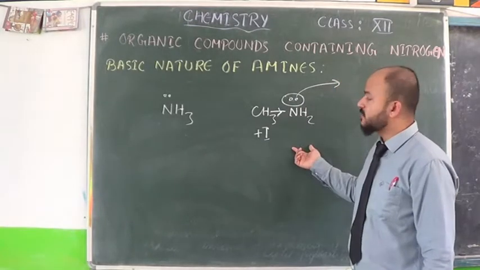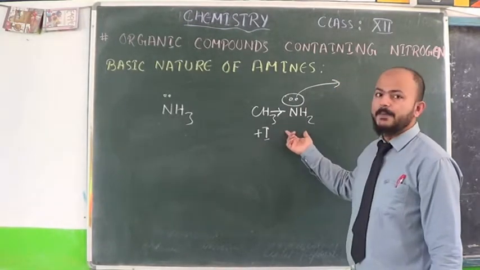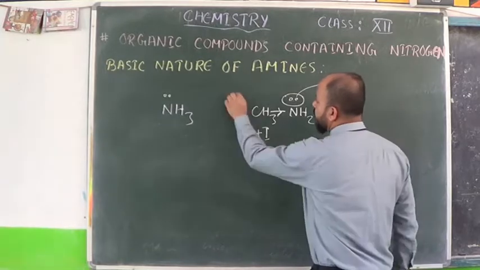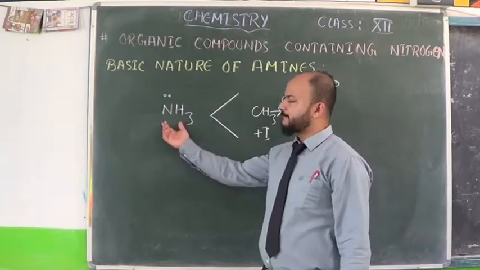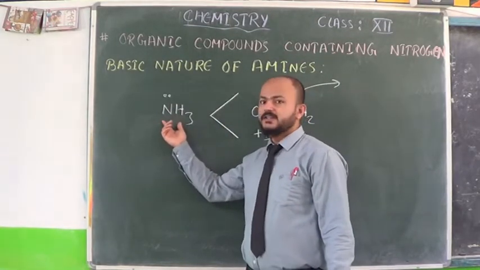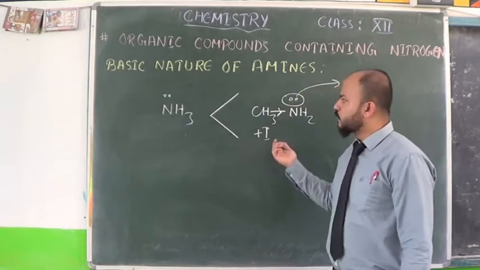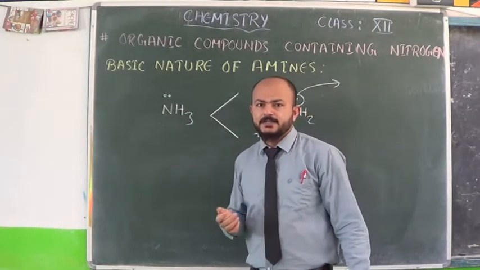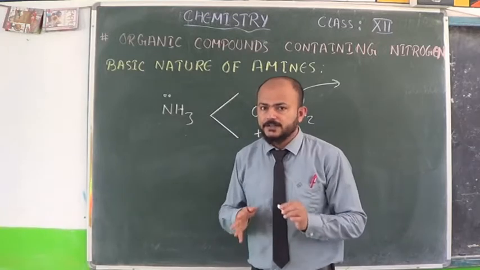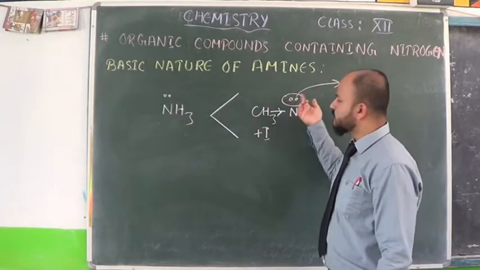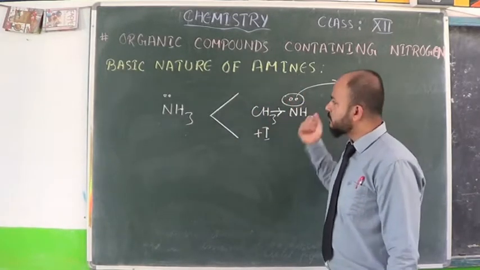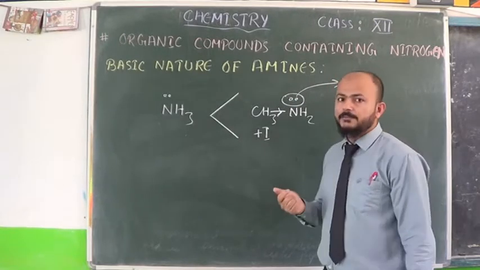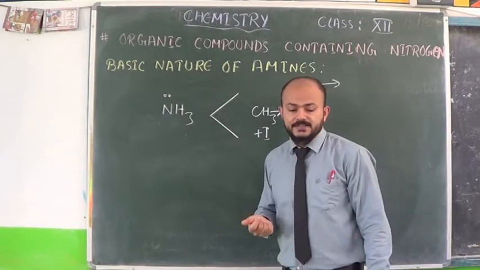Hence, the basic strength of aliphatic amine will be more than that of ammonia. Why? Because in ammonia there is no alkyl group which shows plus I effect. So it has to be very clear: the more the electron density over the nitrogen atom, that particular amine will be more basic.